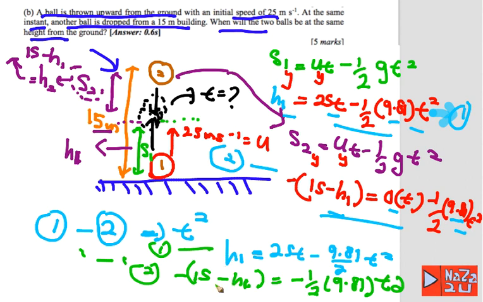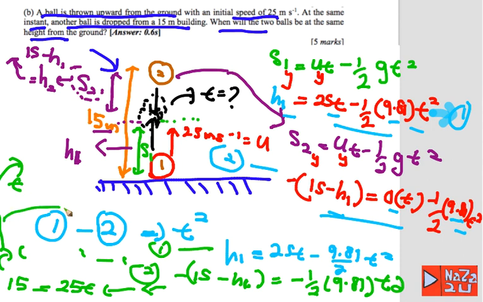So we have H1 minus, we have 15, and now the t squared terms cancel, so we have 25t. And for the last answer, you can find the value of t: t is equal to 15 divided by 25, which is equal to 0.6 seconds.